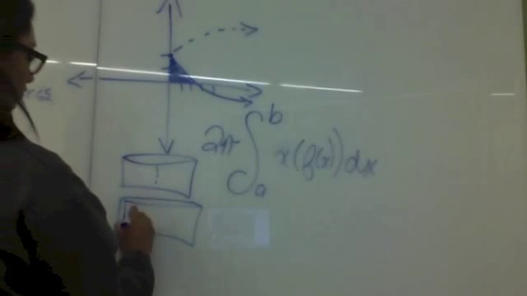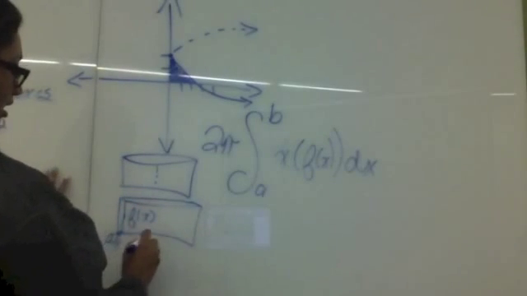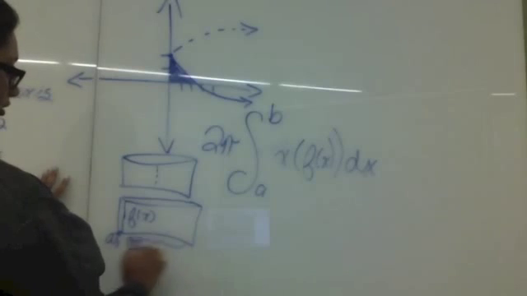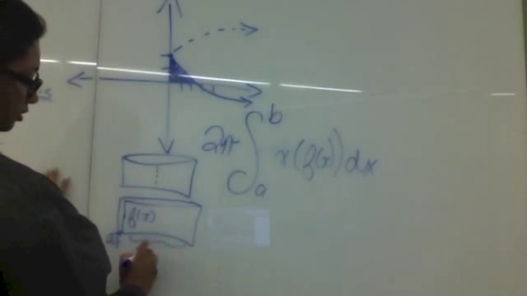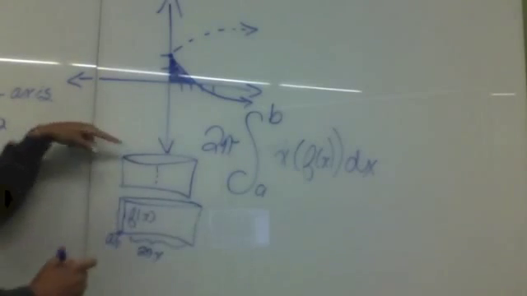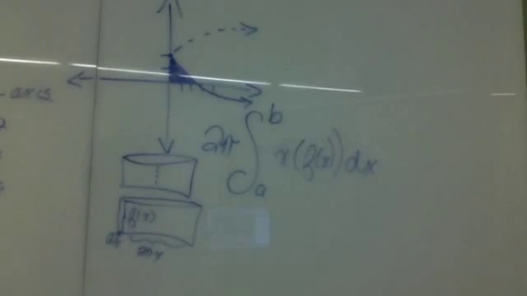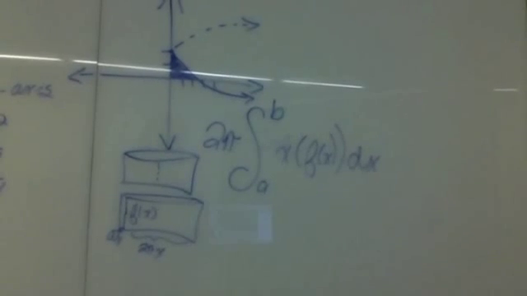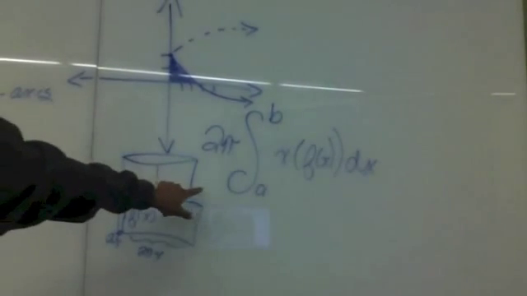Your height is your f of x. And your length is going to be your 2 pi x, or the circumference of the shell. So from there, we just plug in our values into this formula.